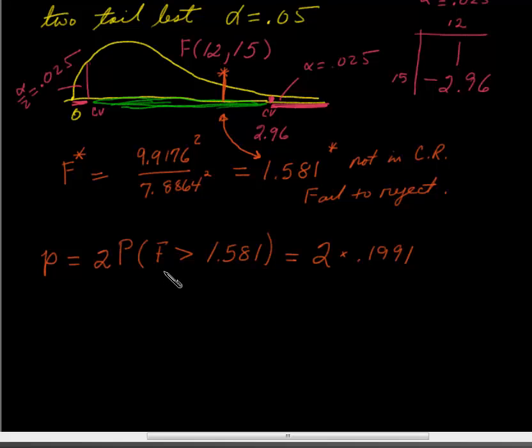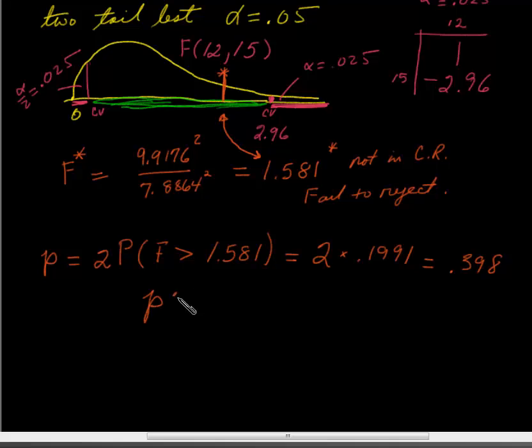I just asked my calculator to calculate this probability for me. I had to tell it the F I wanted was the F with degrees of freedom 12 and 15. It gave me the 0.1991 multiplied by 2, and that's 0.398.